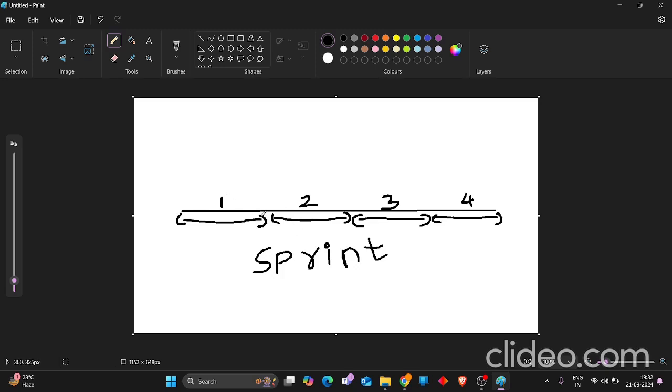After 2 weeks, the developing team will update the software and add the second feature, after the third sprint there will be the third feature, in the fourth sprint the fourth feature.